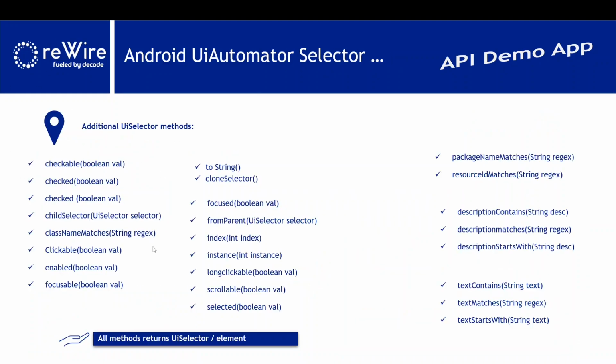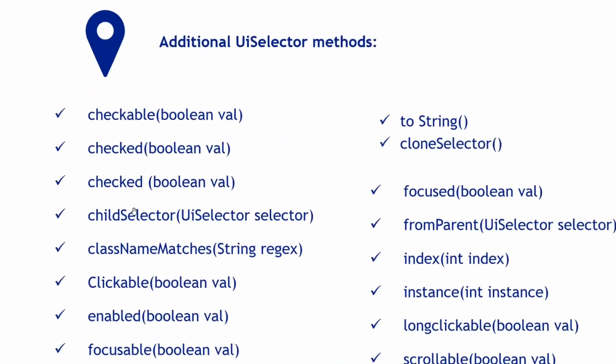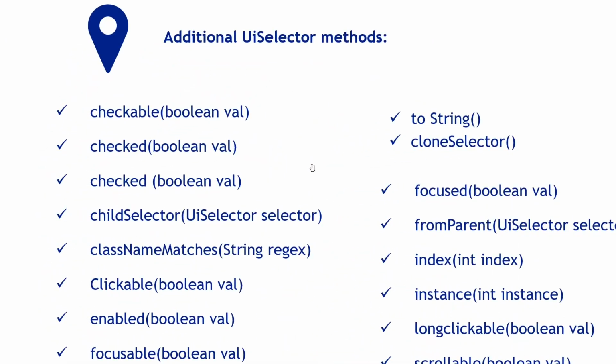Now, I was talking about a few methods, a bunch of methods that are available. These are the things. So, additional UI selector methods. You have seen the new UI selector dot so and so. You need to give checkable, checked if you want to check.